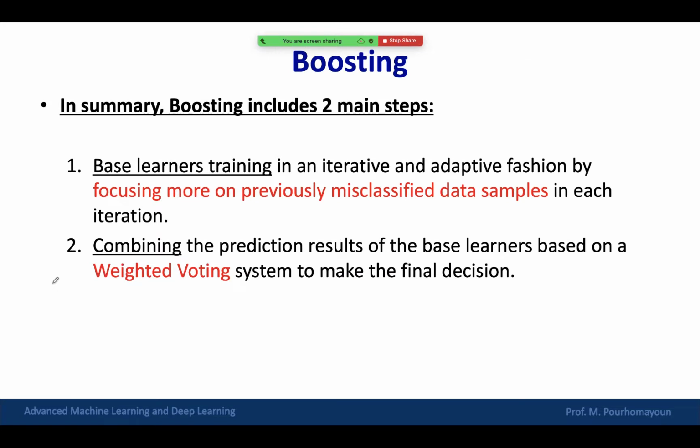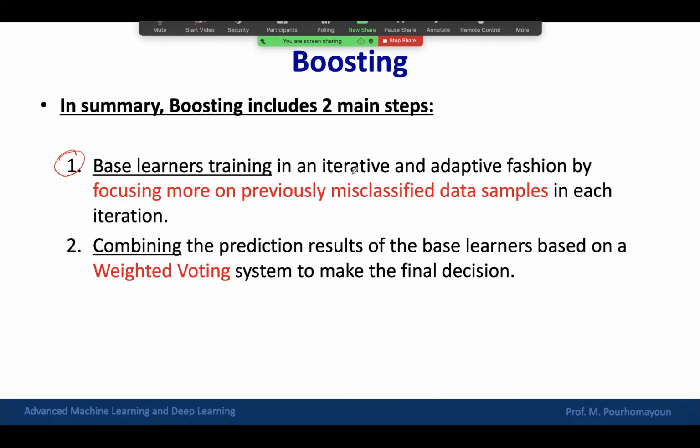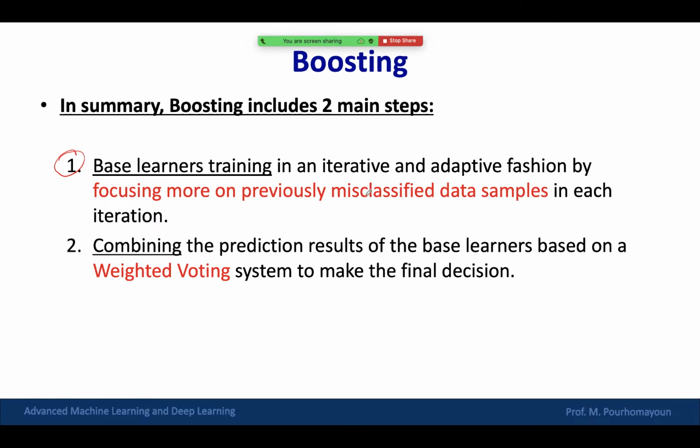In summary, boosting includes two main steps: base learner training in an iterative and adaptive fashion by focusing more on previously misclassified data samples in each iteration, and second, combining the prediction results of the base learners based on a weighted voting system to make the final decision.